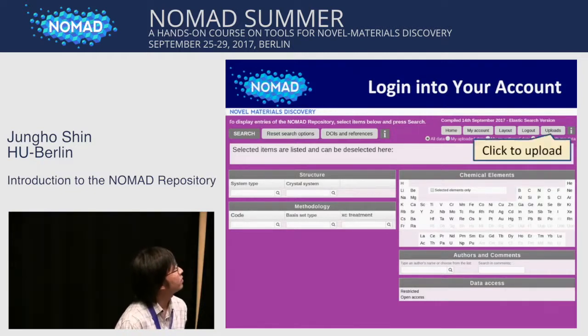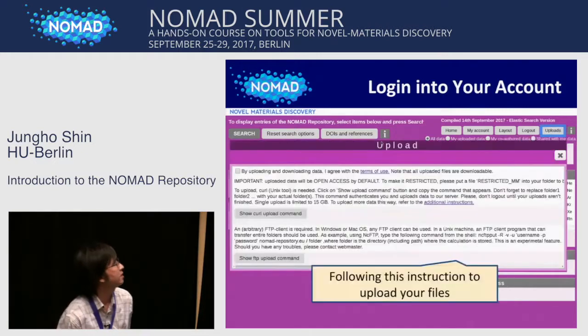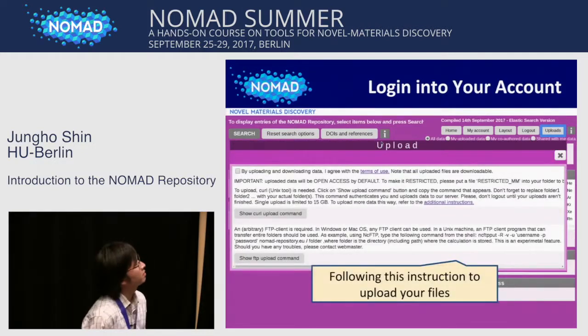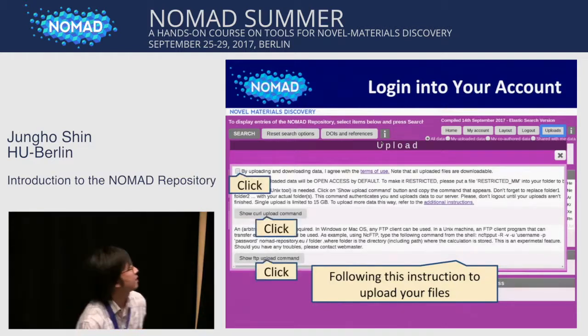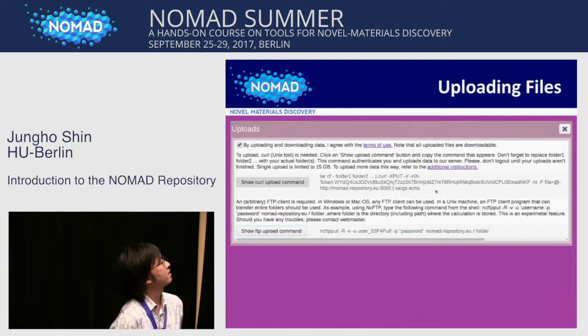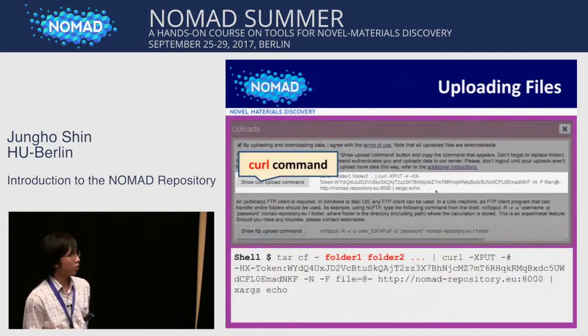If you want to upload your files, click this button and you can see the instruction, and you can just follow this instruction to upload your files. If you click, you can see the text you can use to upload your files. There are two ways to upload your files.